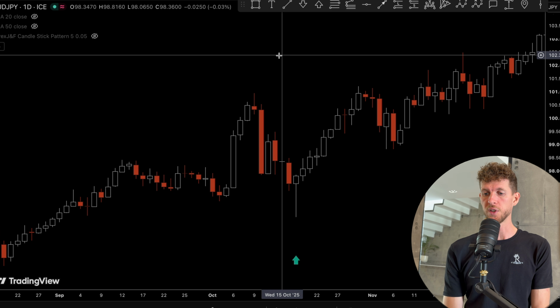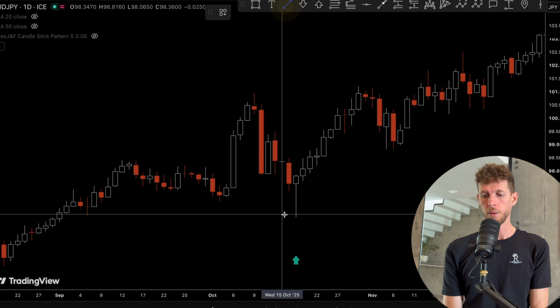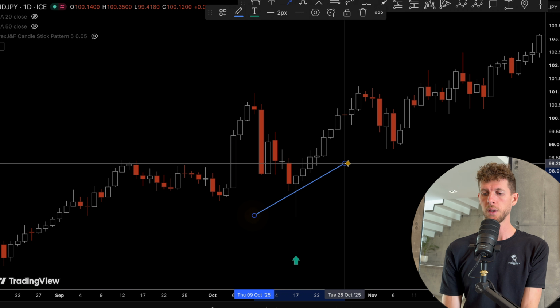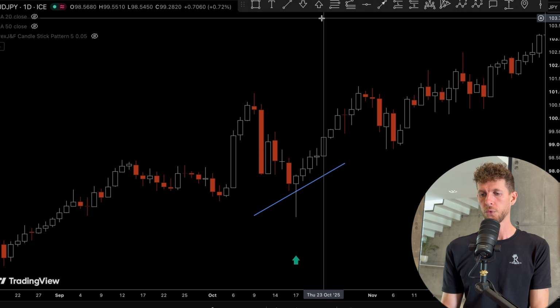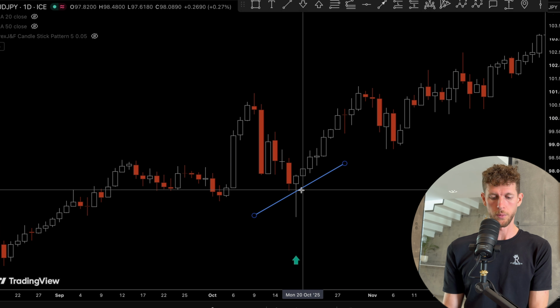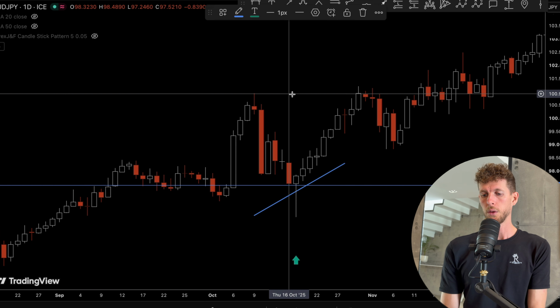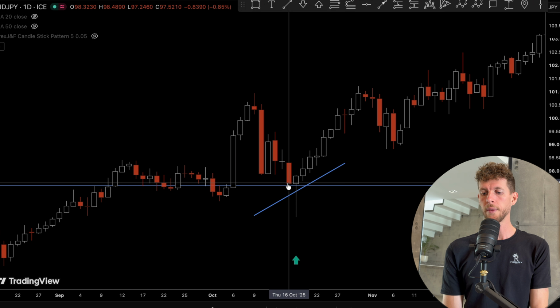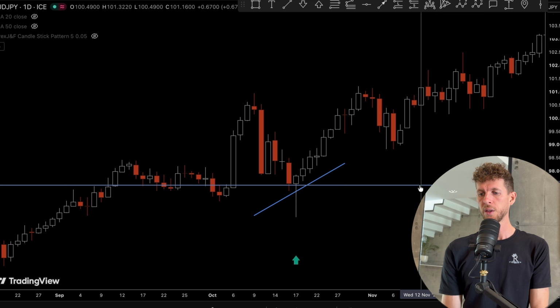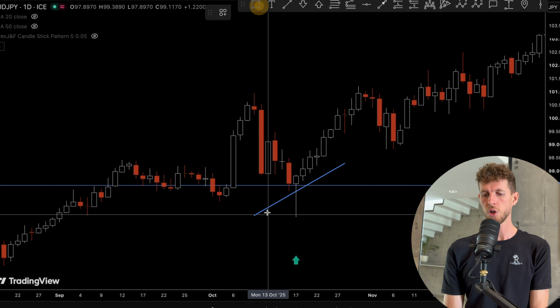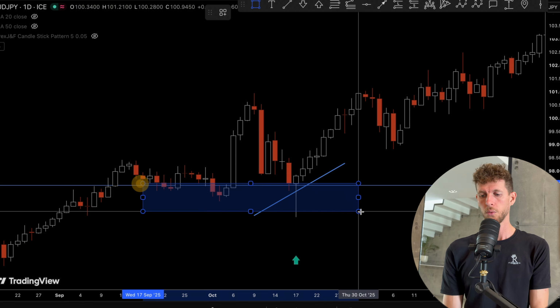So for example, you could have, let's say, a really strong trend line that it's rejecting. You can have a really strong horizontal line there that it might be rejecting. Option H is a horizontal line, by the way. You could have a zone that it's rejecting there, so a certain price zone, for instance.